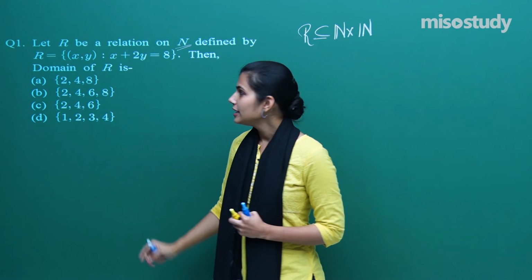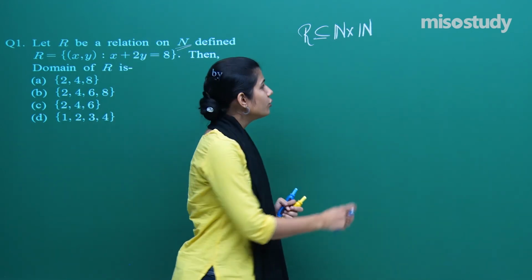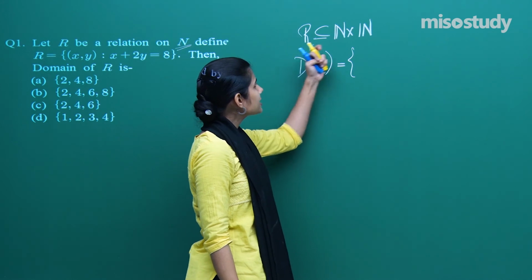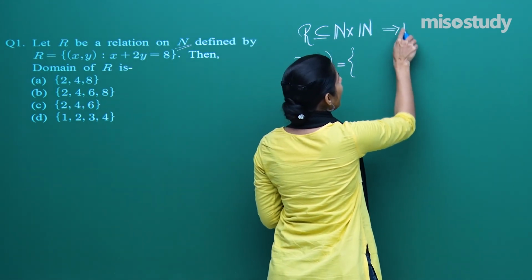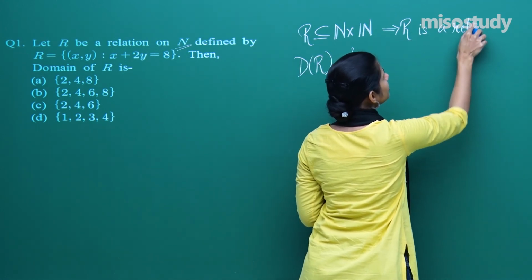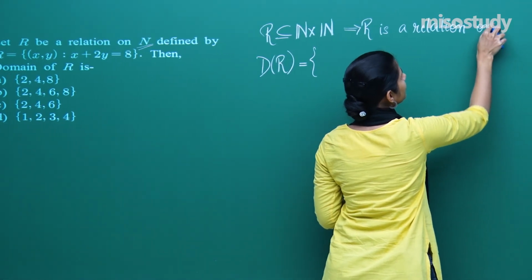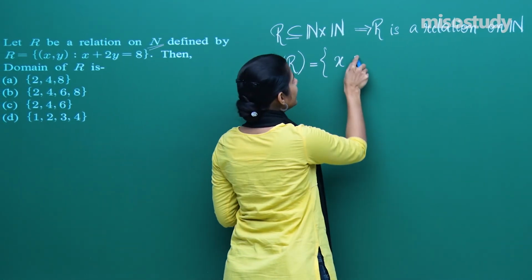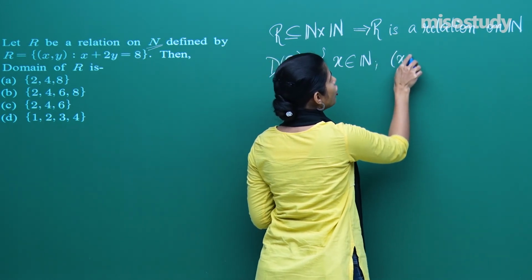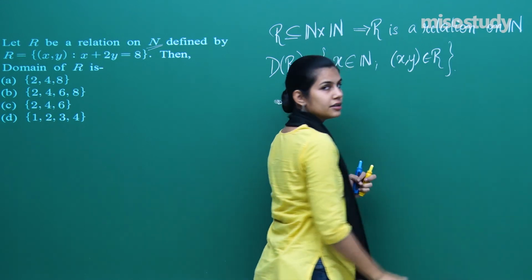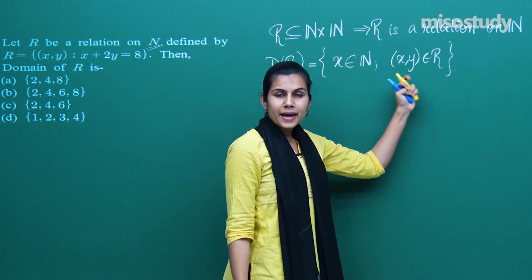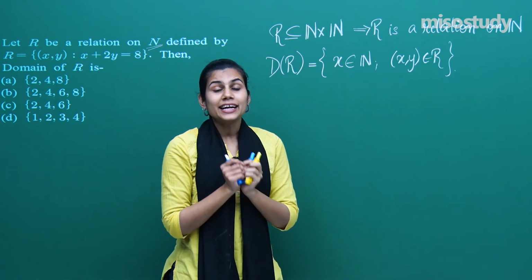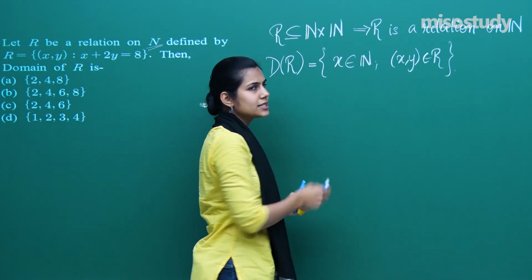So let's start and see what my set R is, because I know that by domain of R, I mean that if R is a subset of N cross N, which implies R is a relation on N, then by domain of R, I am interested in collecting all those x coming from N such that (x, y) belongs to R. That means if I observe all the ordered pairs sitting inside the set R, just pick up the first components of all those ordered pairs, collect all the distinct ones among them and make a set out of it, known as the domain of R.